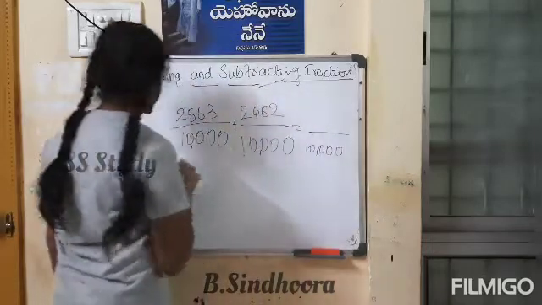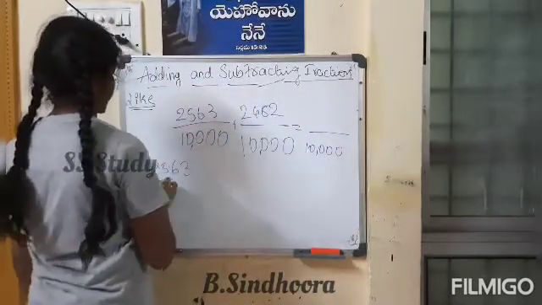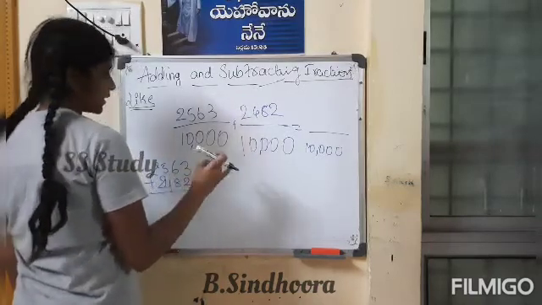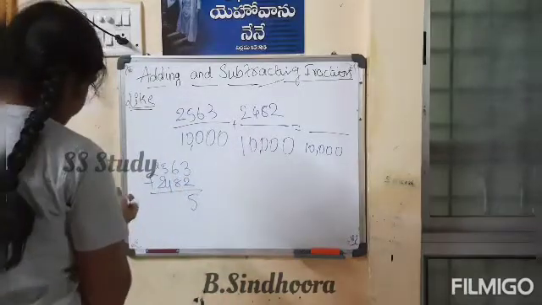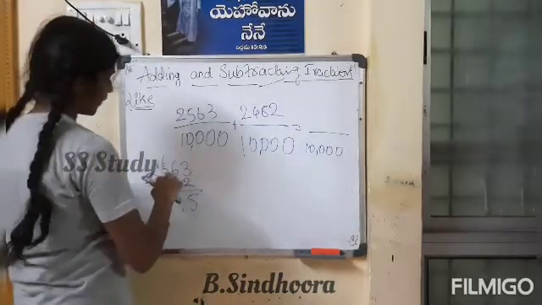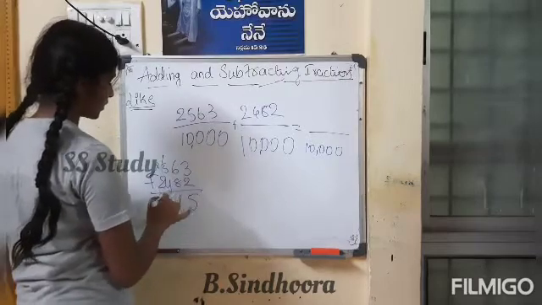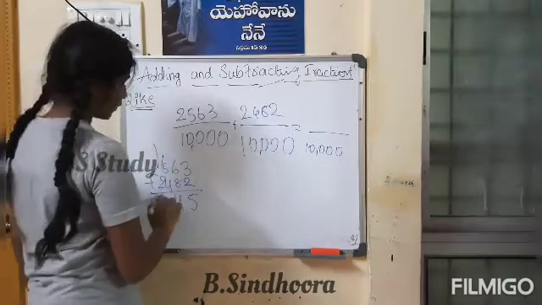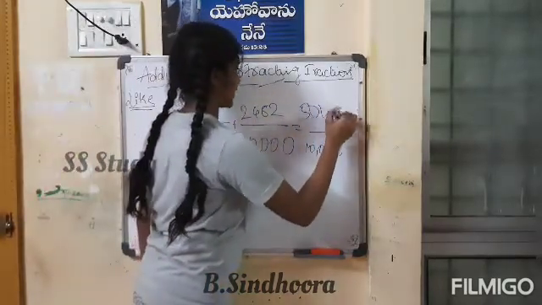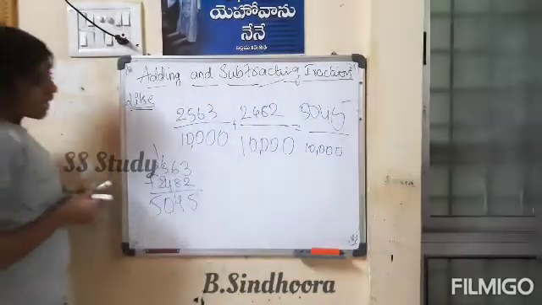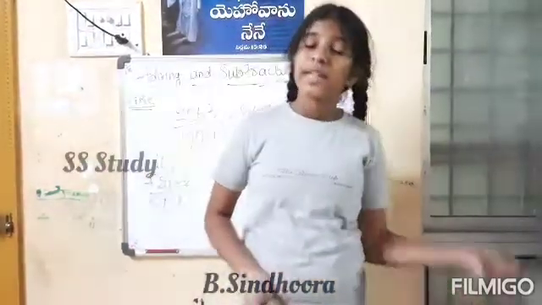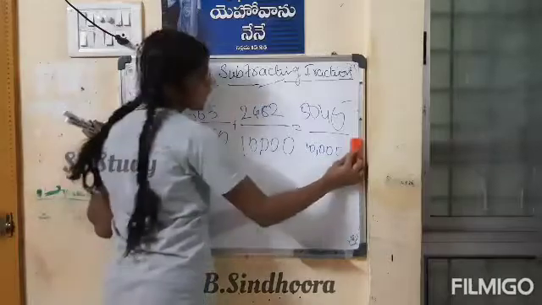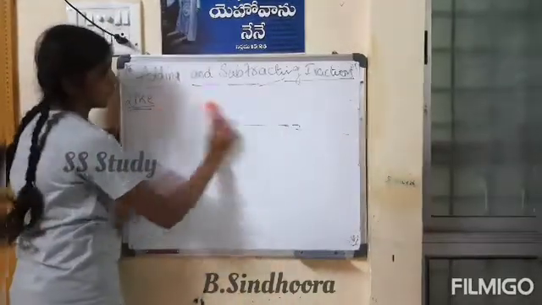Add 2563 plus 2482. The answer is 5045 by 10000. If the denominators are same, the answer for addition or subtraction will also have the same denominator.